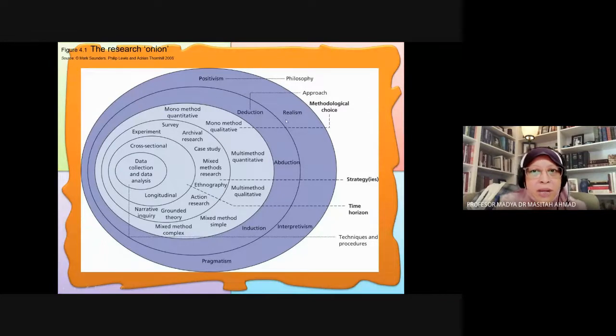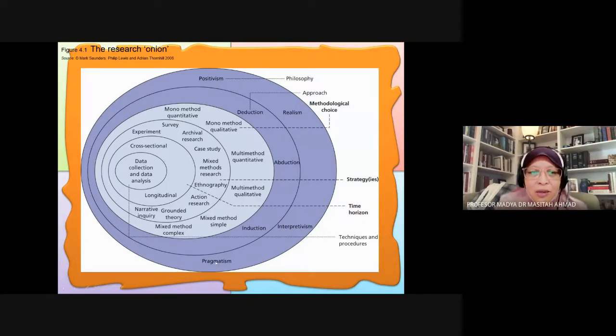All of these parts are very important, and in this onion, philosophy falls in the first layer. So this is what we are going to learn today, and you can see how important it is for us to really understand it.